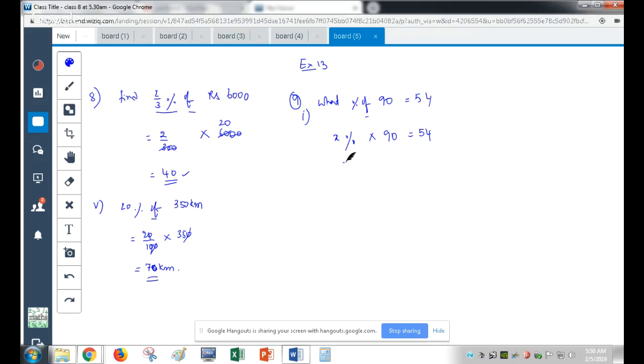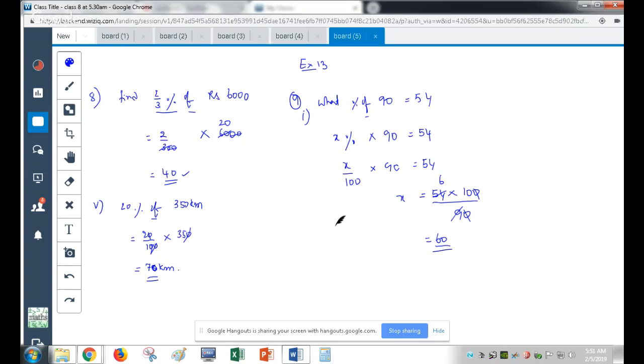Okay. So X by 100 into 90 is equal to 54. So X is equal to 54. This 100 will go up and this 90 will come down. 1 zero will cancel. 9 into 6 is 54, which is equal to 60.